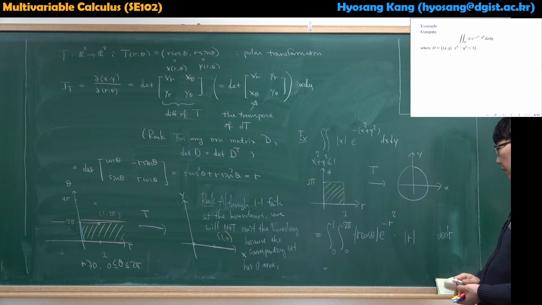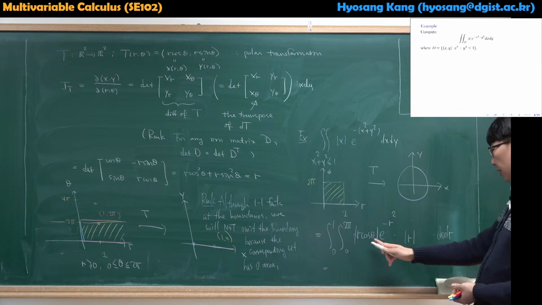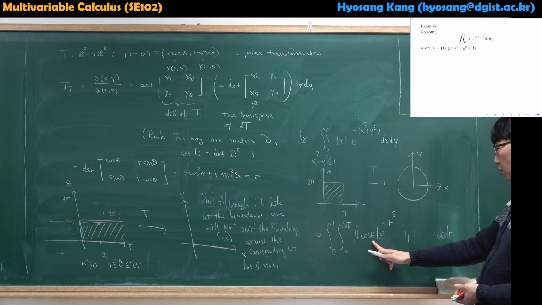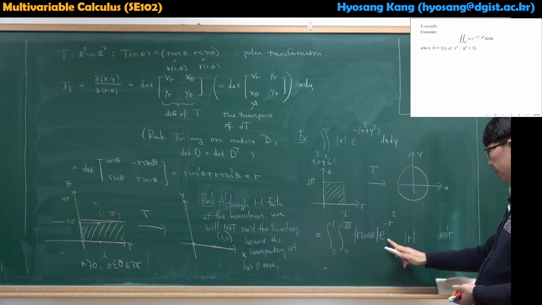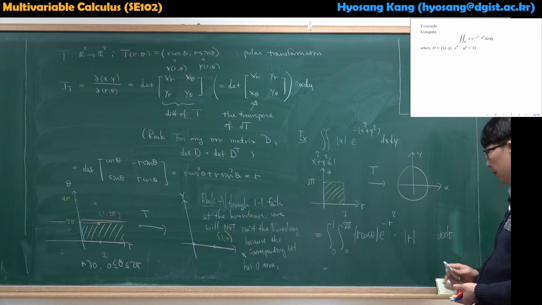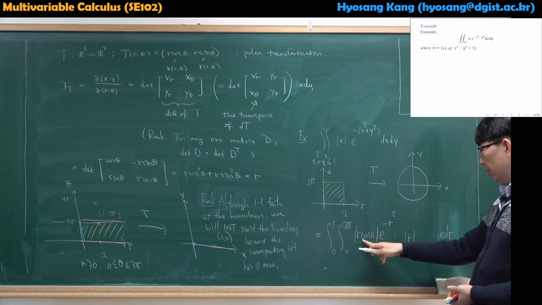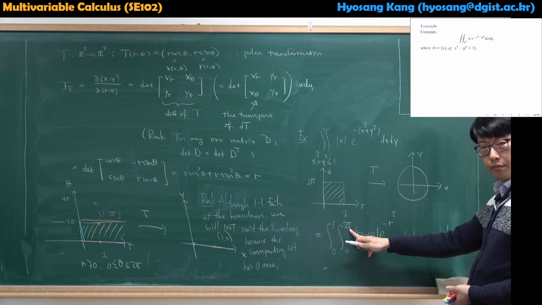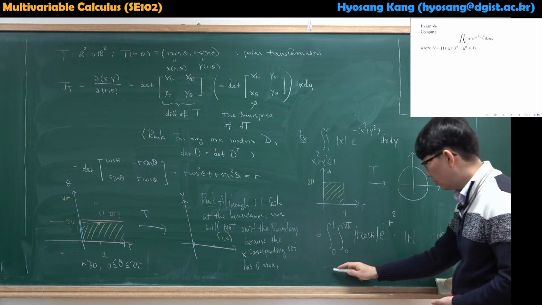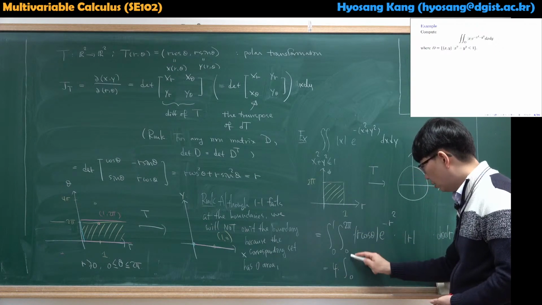First of all, it's easy to compute the integration over theta because r is considered constant over theta. So we only take the integration of the absolute value of cosine theta from 0 to 2 pi. That's 4. So we have 4 times the integral from 0 to 1.